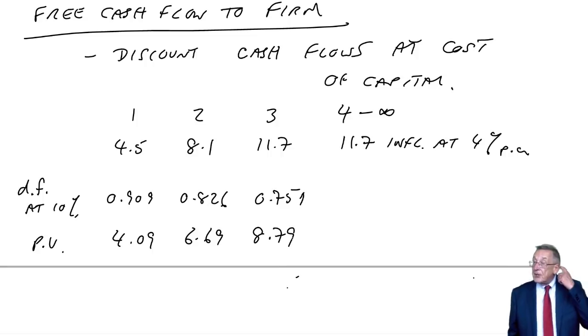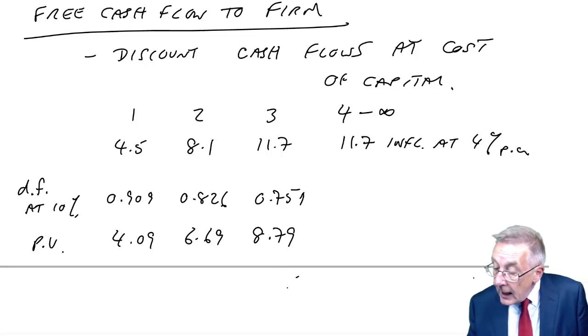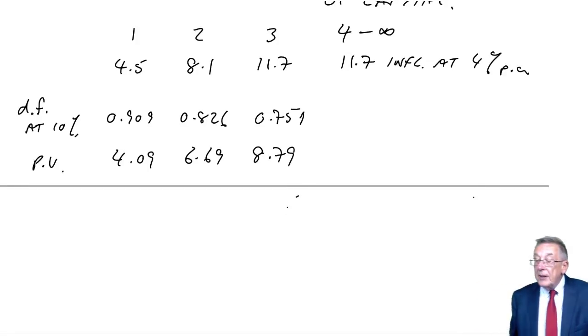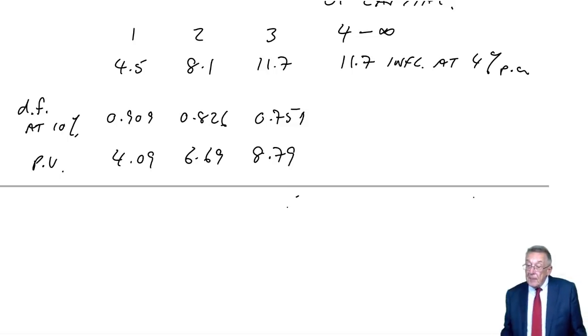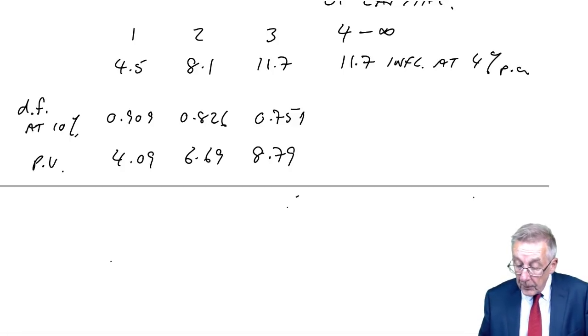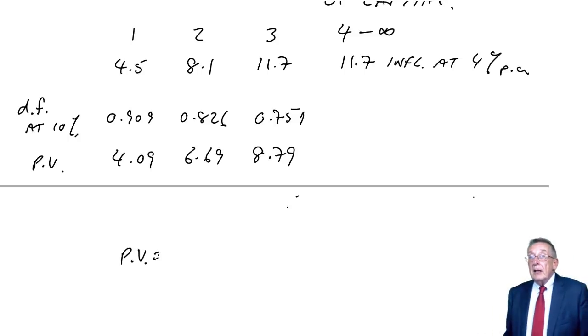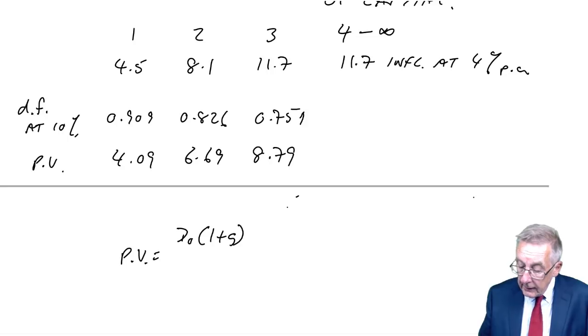The problem, of course, and we have dealt with it before, is how are we going to deal with this 11.7 in perpetuity when there's inflation at 4%. And if you remember, the way we do it is use the dividend valuation formula. The formula D0 times (1 plus g) over (re minus g).